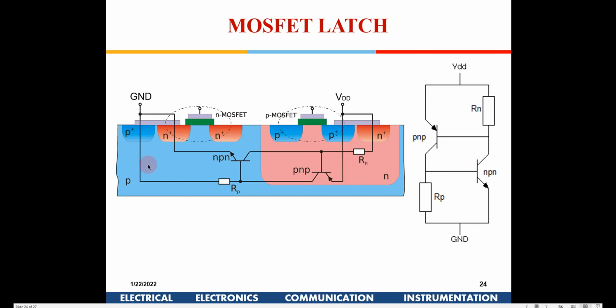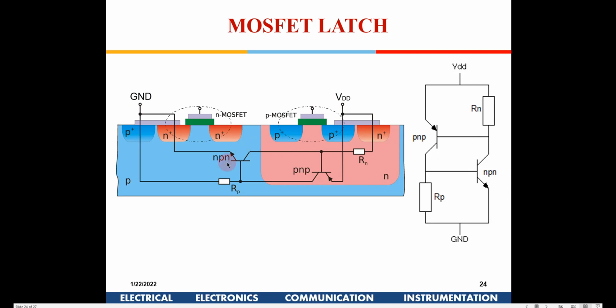So that is why at regular intervals we put the tap connection. Tap connection means we keep putting this P plus region and keep connecting it to ground. It is not necessary to have one body connection for each NMOS. For a few NMOSs together, at a regular interval on the substrate, you put this P plus region and keep grounding them. Similarly for PMOSFETs also, for a few devices clubbed together, at regular intervals we put this.